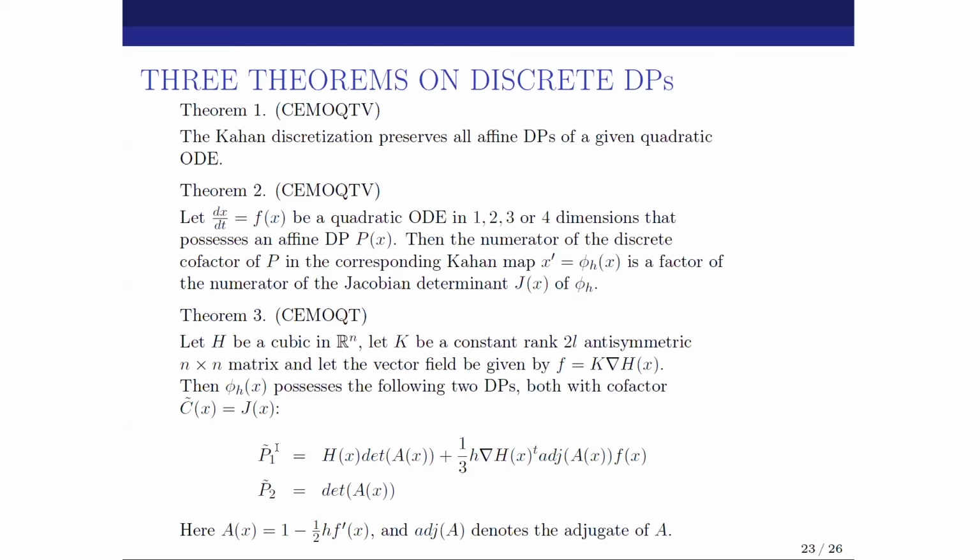H is the Hamiltonian, and A of x is 1 minus 1/2 of H times the vector. H adjugate is the adjugate. So it is a complicated expression.